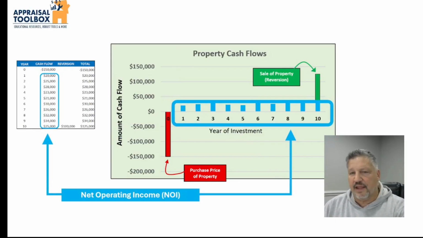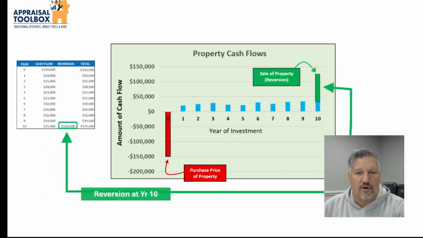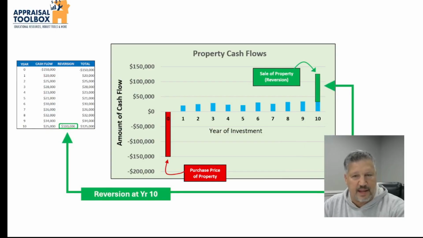And then finally, at the end of the investment period, the investor also receives the reversion, which stacks up on top of the 10th payment or the 10th year cash flow because the reversion occurs at the end of the 10th year, same time that we receive year 10 NOI.